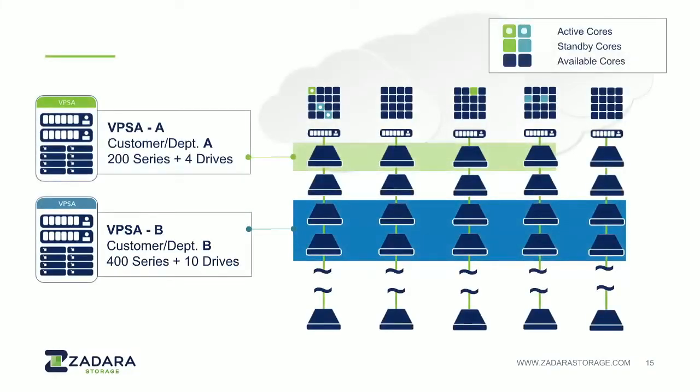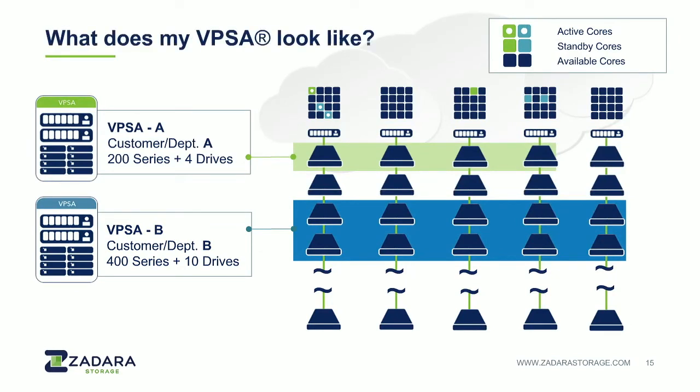When you create your VPSA, we reserve the resources for you in real time. So for example, customer A asked for a VPSA that is what we call the 200 series. That's the smallest controller, which takes up two total CPU cores, one on one node and one always on a different node for anti-affinity. And the customer also asked for 4 drives.